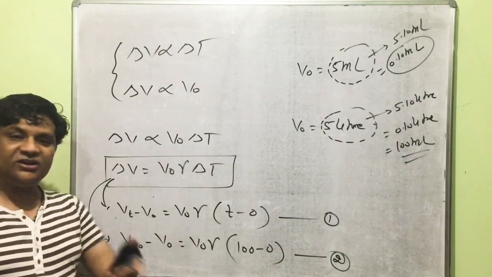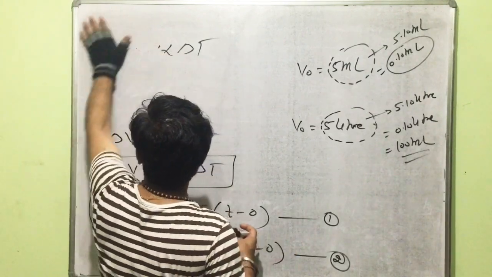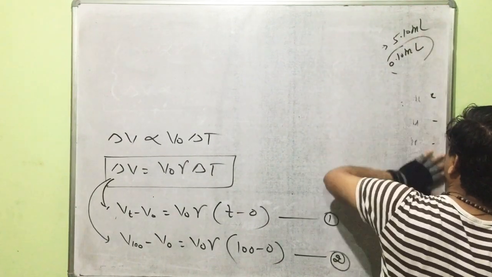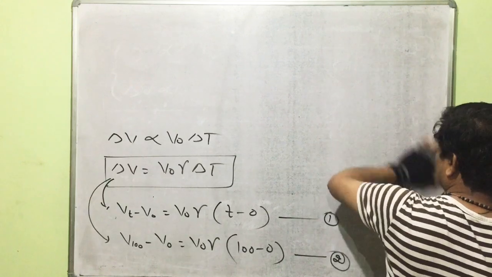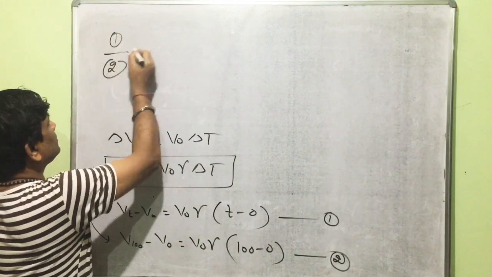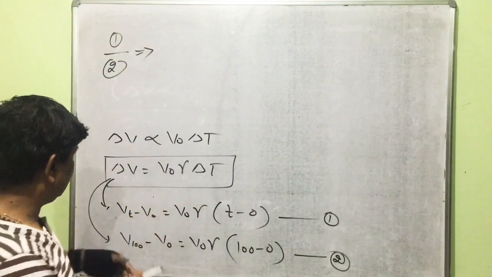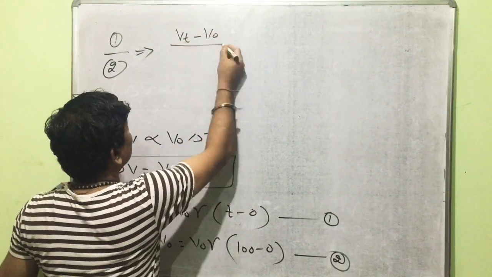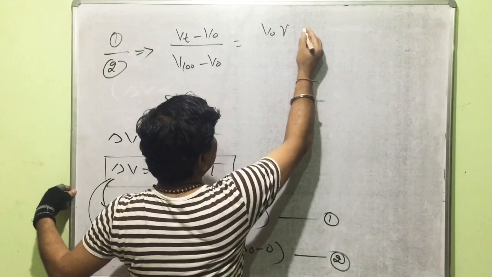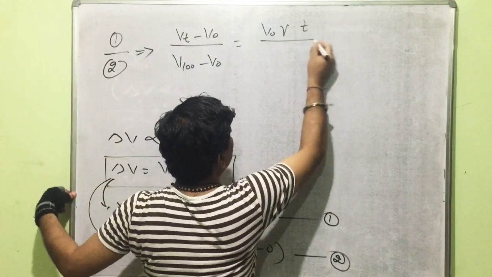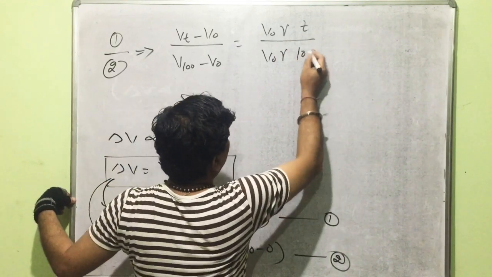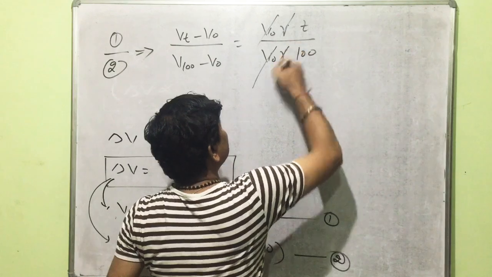Now dividing 1 by 2: Vt minus V naught divided by V100 minus V naught is equal to V naught into gamma into T minus 0, which is T, divided by V naught into gamma into 100 minus 0, which is 100. Now what cancels? V naught. What else cancels? Gamma.